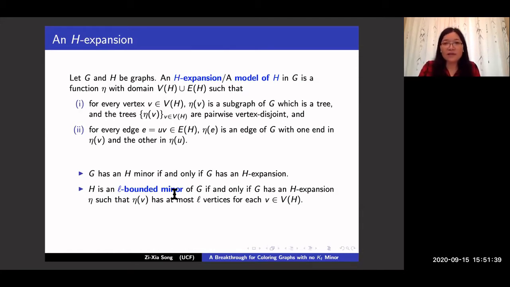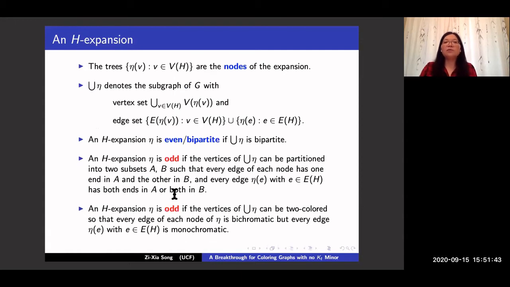Let me say a little bit more here. What do we mean by even minors here? Now, if you put all the trees together, the trees are called the nodes of the expansion. We use this big union of eta to denote the subgraph of G with all the vertices in the trees you picked as its vertex set.